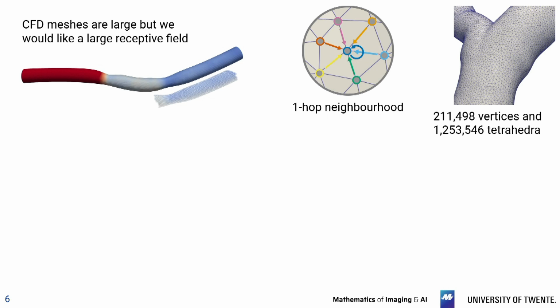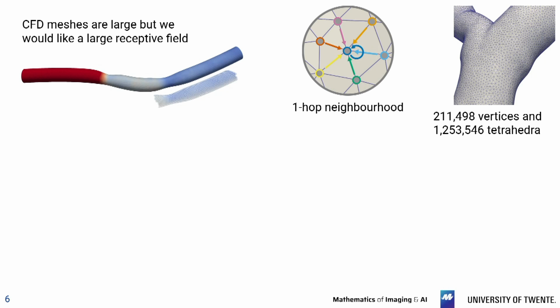The receptive field is a concept in deep learning that describes the amount of local information that your network is able to accumulate in a single forward pass. Let's say each of your message passing layers accumulates a one-ring neighborhood of information. If you stacked, for example, 16 layers, then you would have a 16-ring neighborhood that your network could access to base its prediction on.